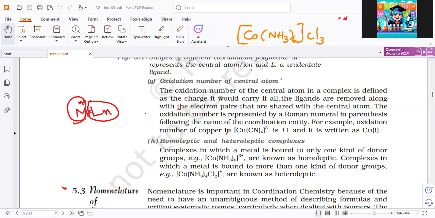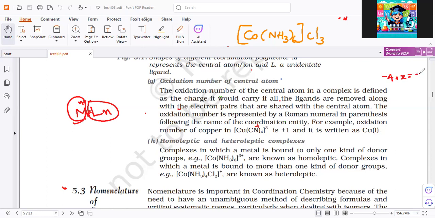For example, what is the oxidation number of copper here? CN has a charge of -1. So 4 times -1 means -4 is the charge from the ligands, plus X, that is the charge on copper.